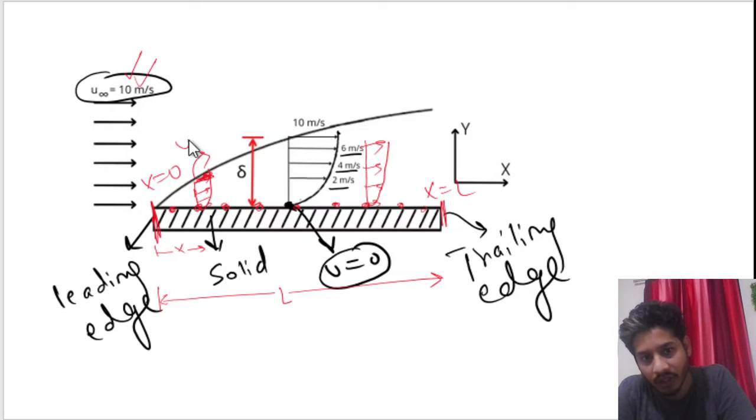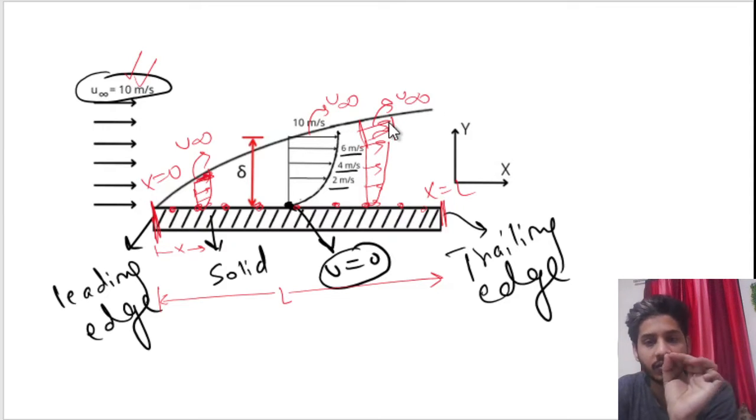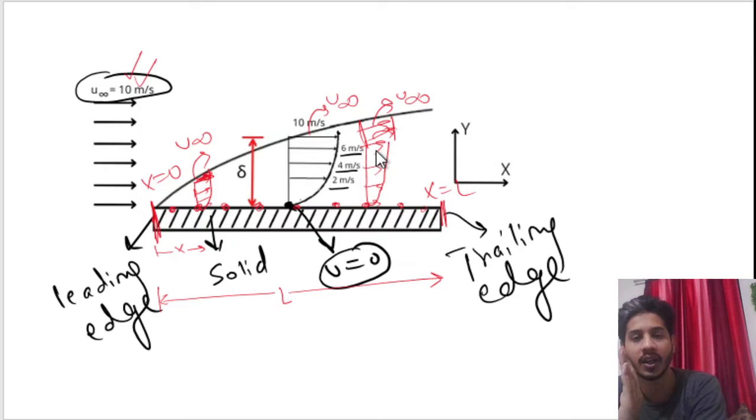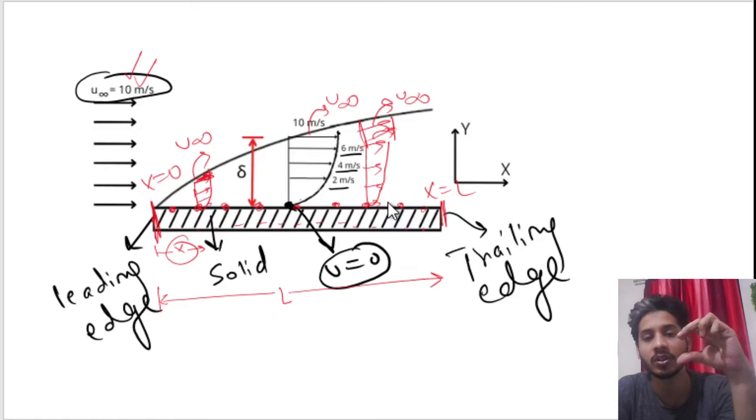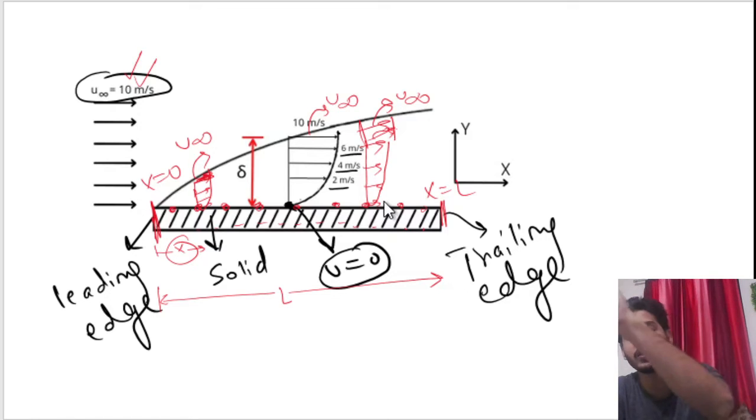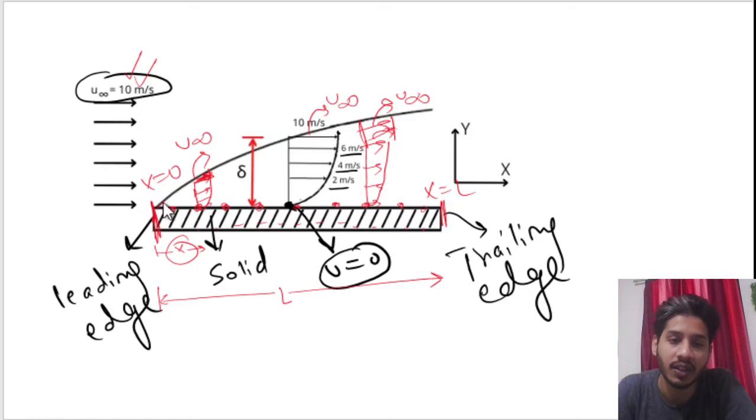The free stream velocity, that is u infinity. Here also u infinity, here also u infinity. So if we join the various points on the boundary layer at different locations x, at which the velocity reached is u infinity, the free stream velocity, and we join all these points, we get this graph.